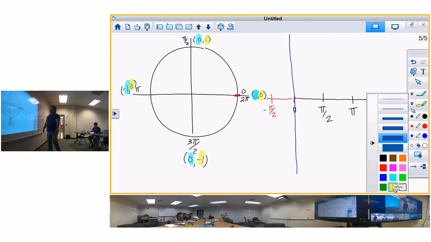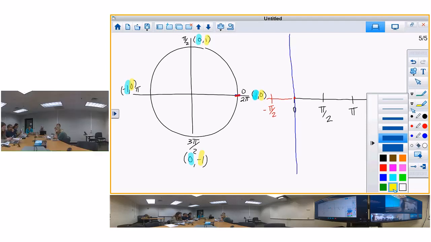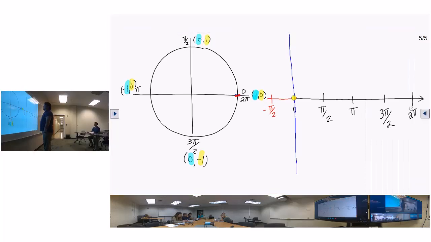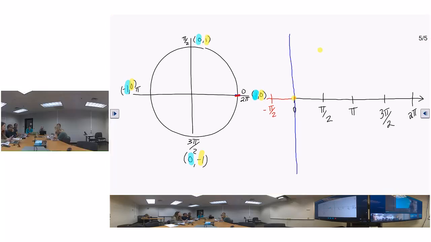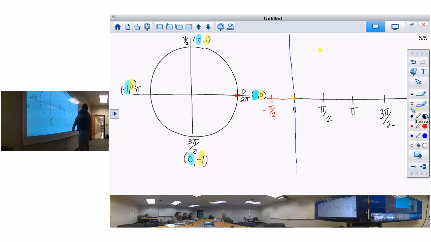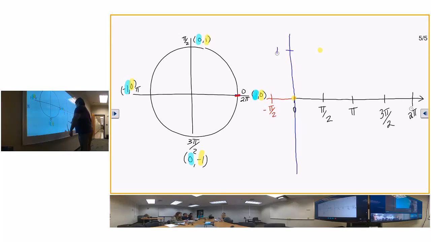So what is my sine at 0? I mean at 0 degrees? What is sine at 0 degrees? 0. Thank you for the interaction. What is the sine at pi over 2? 1. Let's put a 1 right here and a negative 1 right here.